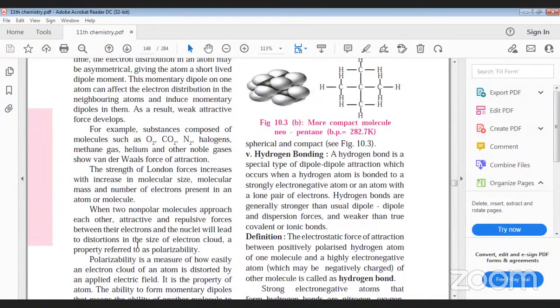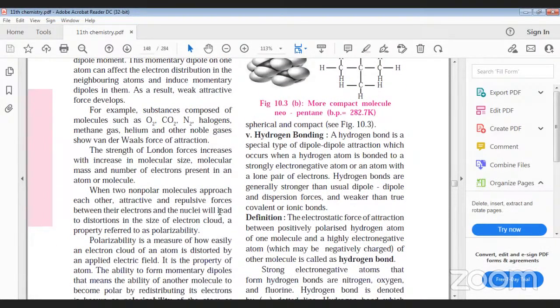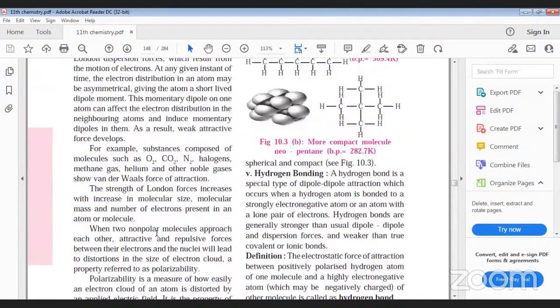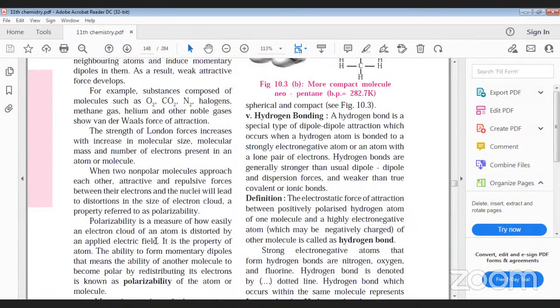When two nonpolar molecules approach each other, attractive and repulsive forces between their electrons and nuclei lead to distortion in the size of the electron cloud, and this property is referred to as polarizability. Just imagine two different molecules approaching each other for the formation of a bond or an interaction.